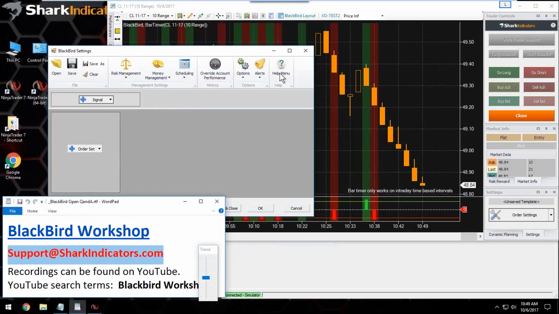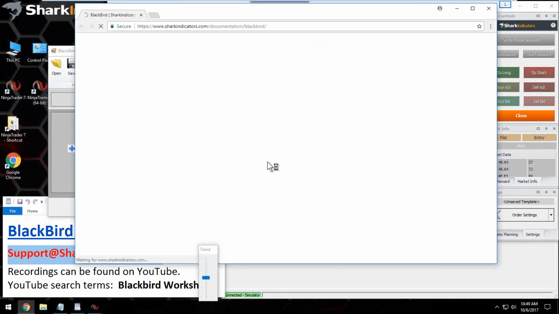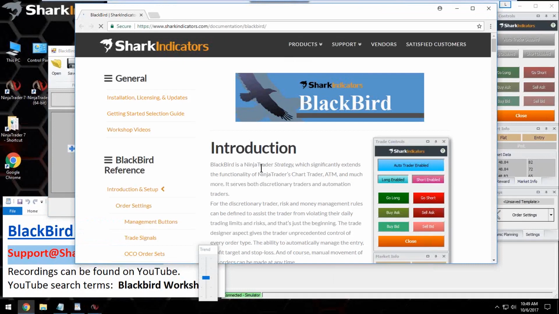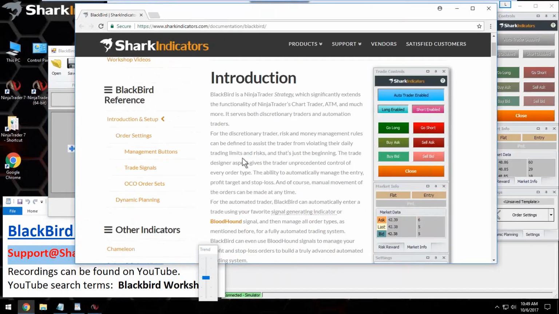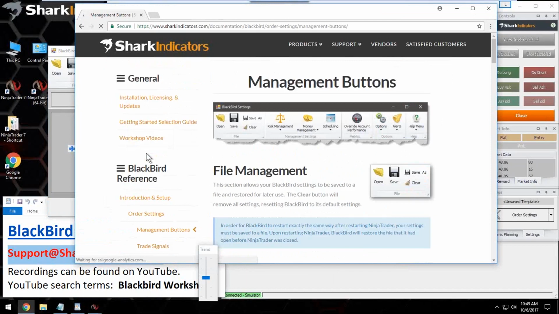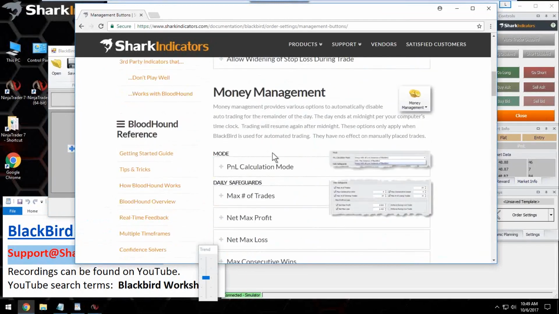Or what you could also do is, once we get that testing done, we'll definitely add that to the documentation as well, right? So if we go to Blackbird's documentation, let's see, we want to go to the management section here, the management buttons. And if we scroll down, money management.